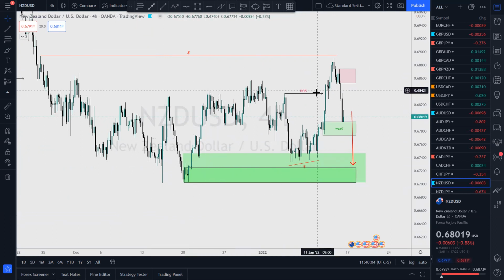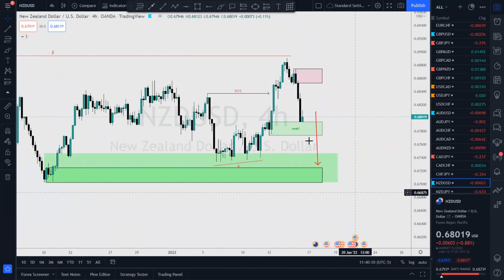Okay, so we have a break of structure to the upside. What does that mean? I'm looking for a return to impulse, right? This order block here at this bullish bearish bullish pattern where we saw price impulse to the upside, I'm not sure if I trust it. I'm not sure if I trust it because look how price closed. It was bearish.